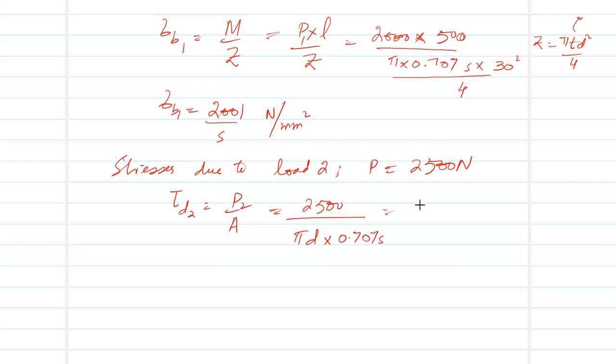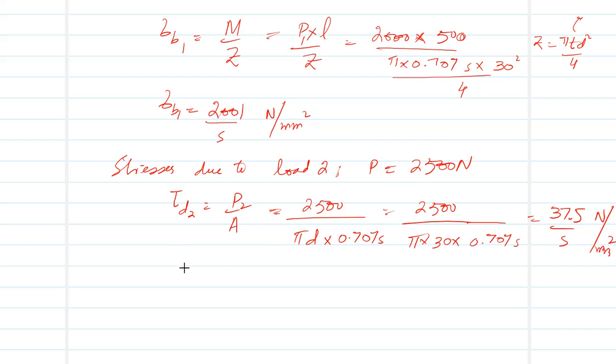So 2500 divided by pi into 30 into 0.707 s. Answer will come out to be 37.5 divided by s Newton per millimeter square.